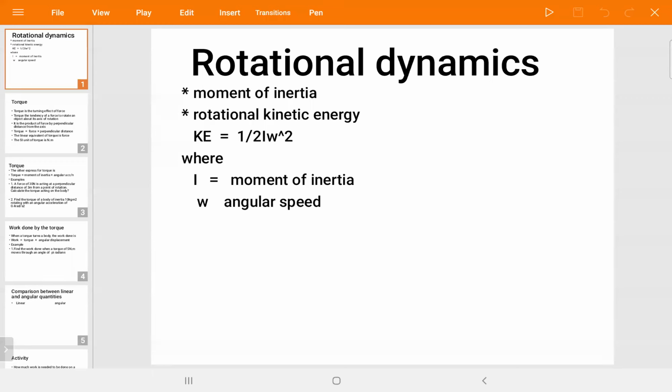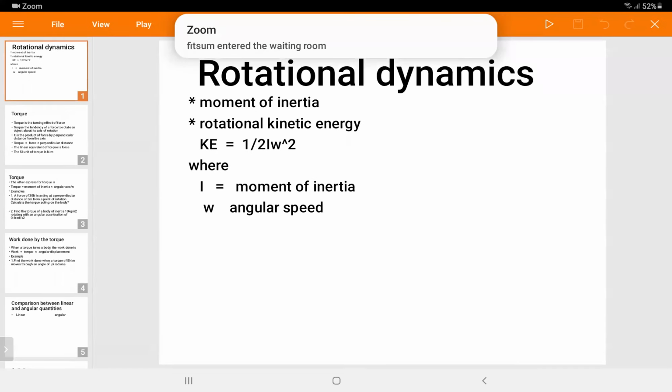What do we mean by moment of inertia? On what factors does this moment of inertia depend? As you remember, moment of inertia depends first on the shape of an object, and second on the size of an object, because it measures the mass distribution of an object.